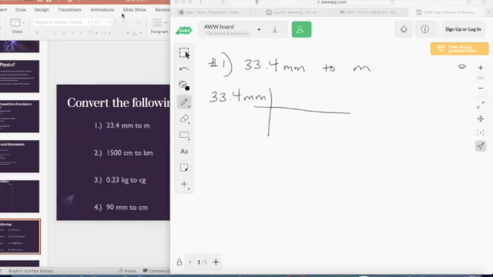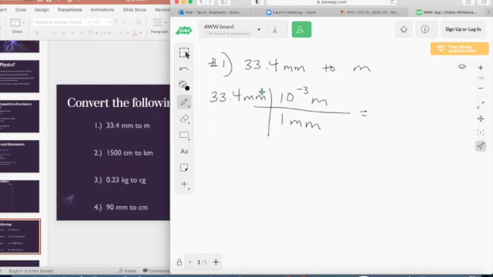This is the longhand version. We know 1 millimeter is equal to 10 to the minus third meters. Once we multiply in our calculator across the top, 33.4 times 10 to the minus third, technically the decimal place is going to move 3 places to the left. So 1, 2, 3.